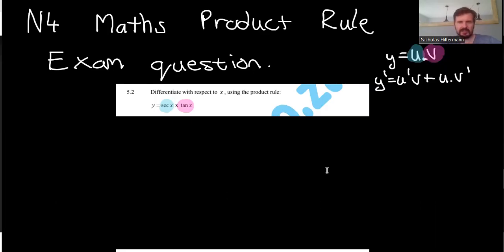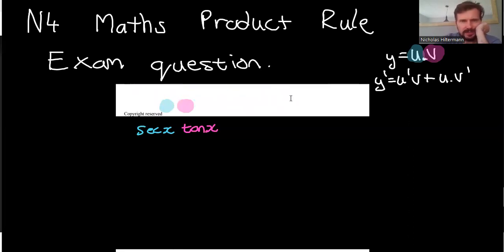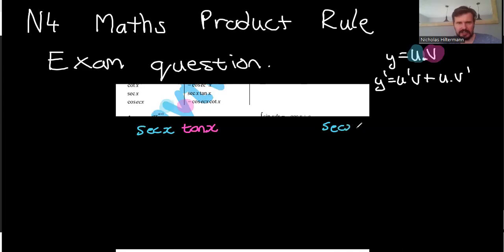Okay, so let me actually write this out. So blue is the sec x. Pink is the tan x. So my rule is that you find the derivative of one times the other. So let's just write on the side. The derivative of sec x is sec x tan x.